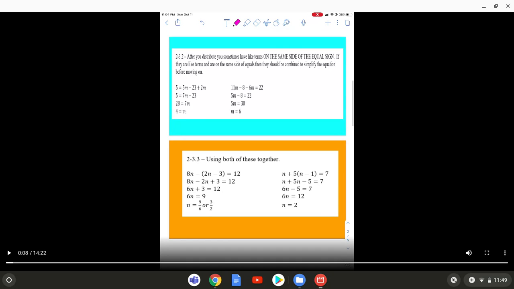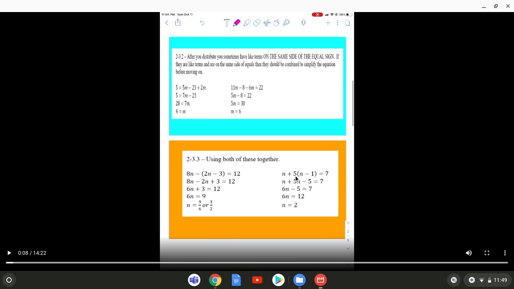And then to isolate n, I'm going to undo that multiplication using division. So I'm going to do 6n divided by 6, which gives me n. And then I'm going to do 9 divided by 6, which you can write as 9/6, and then you should simplify to 3/2.